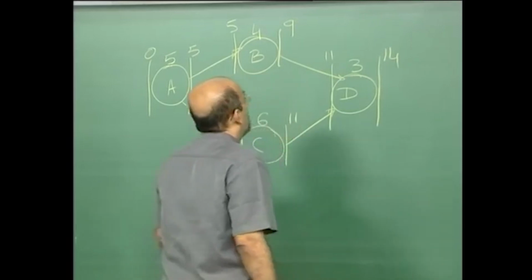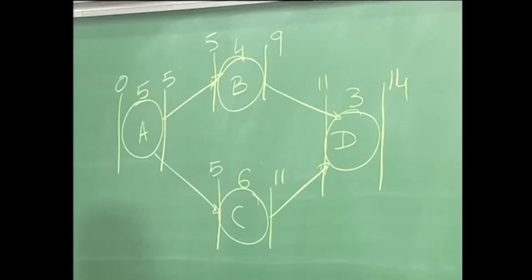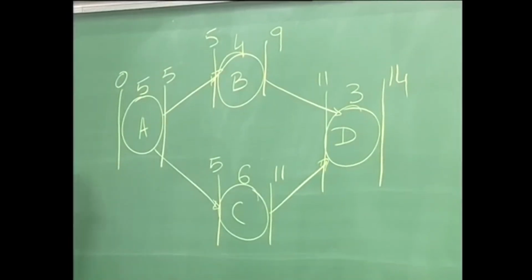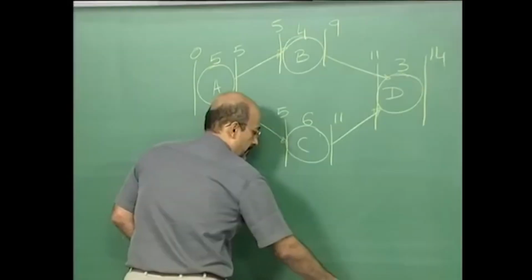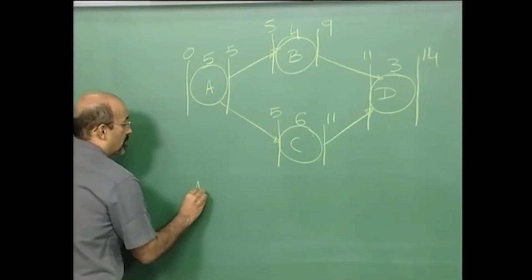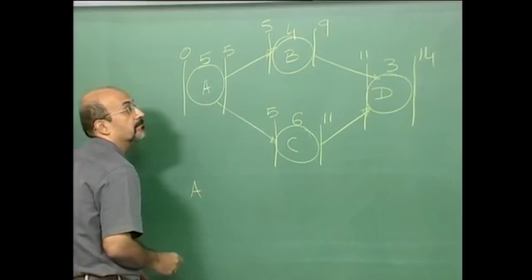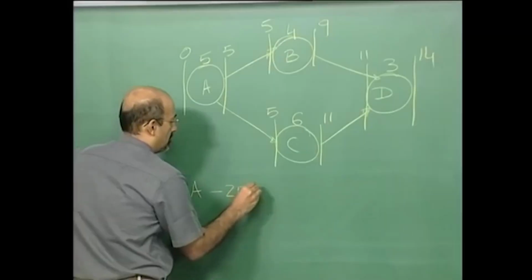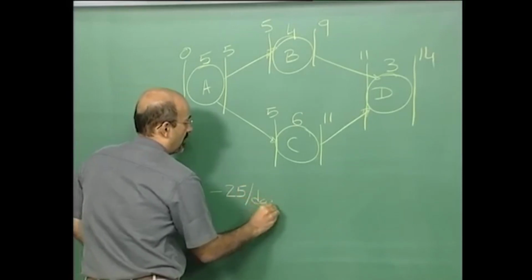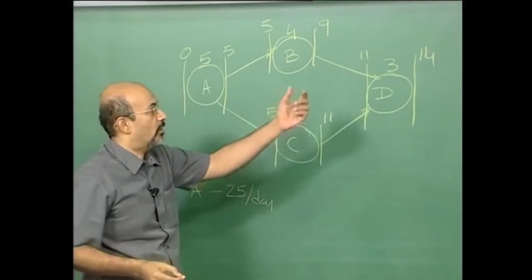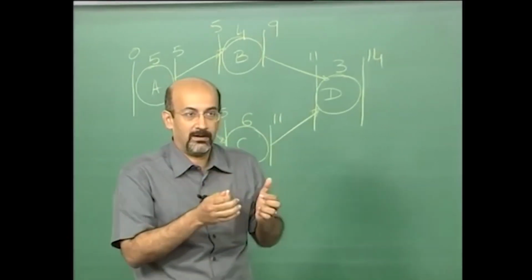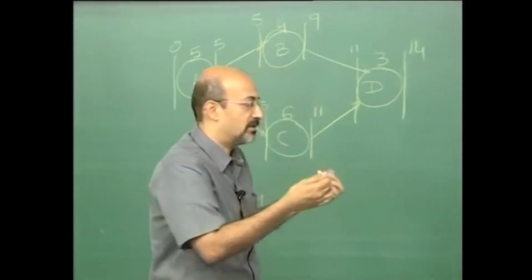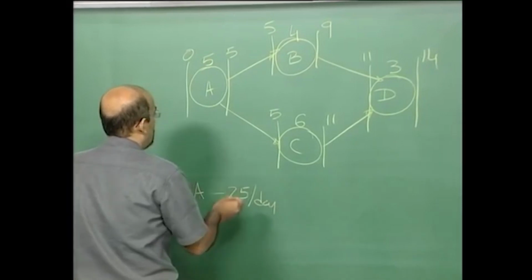Now if I look at the crash cost, what are my options of crashing? I have an option of crashing A, at what cost? 25 per day. I want to take it stepwise, going all the way from 14 in steps of 1 to the last, because that will illustrate what we are trying to do.